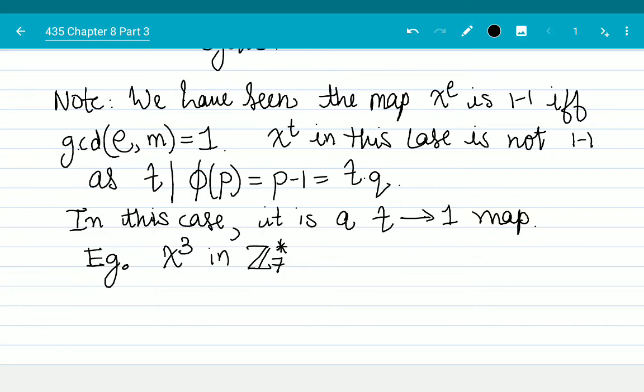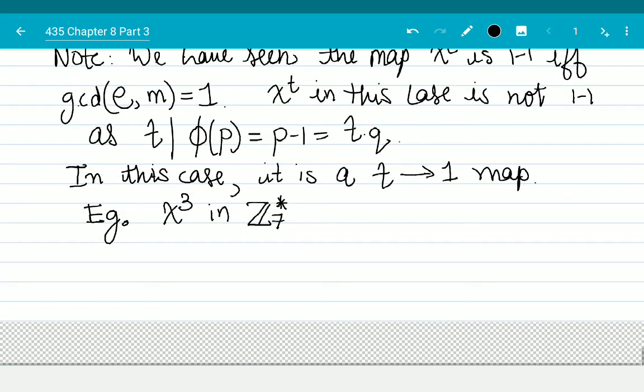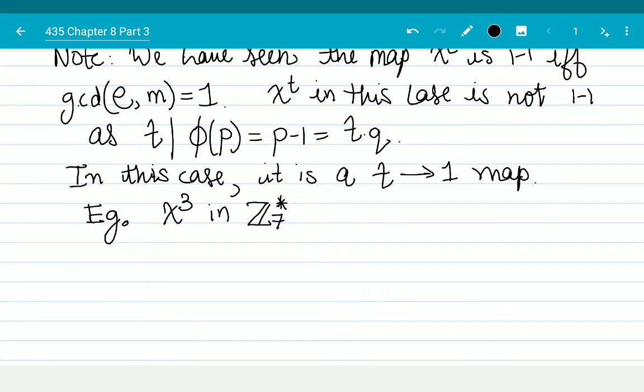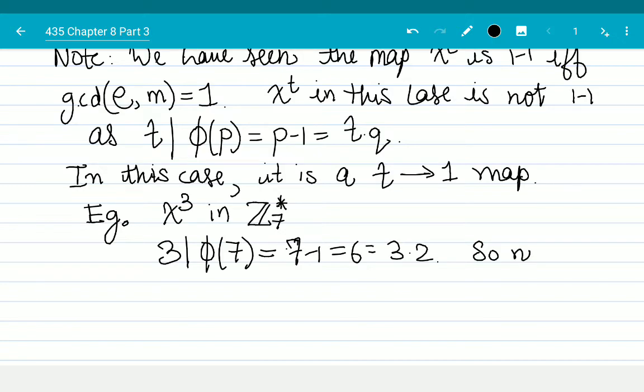In your exam, you have to show that x cube is actually one-to-one for some group, Z15 star. For Z7 star, 3 divides phi of 7, which is equal to 7 minus 1, which is 6, which is equal to 3 into 2. So it's not one-to-one. It is a 3 to 1 map.